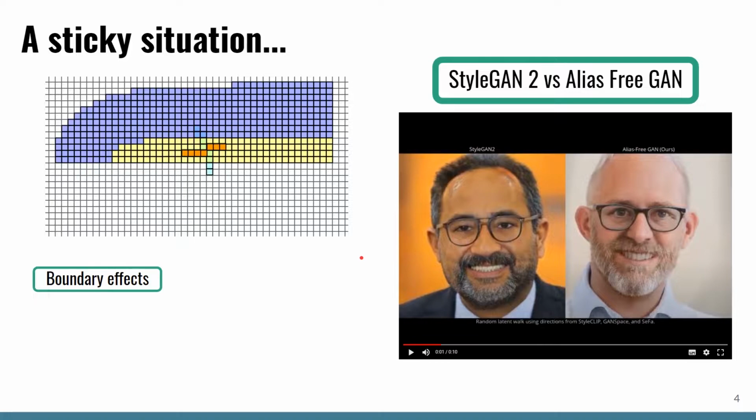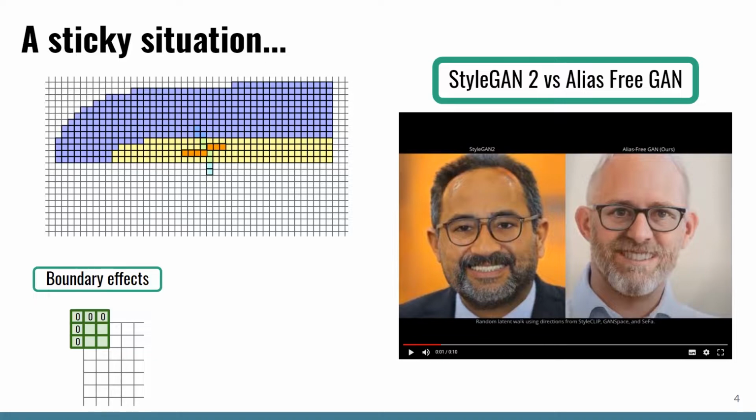So if we have a look at how a convolution filter is applied with padding, which is the case in every single layer of the StyleGAN 2 generator, then a specific area of the feature map will contain only zeros. And this is a very clear indicator that the convolutional filter is currently at the border.